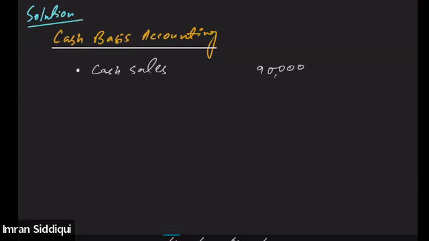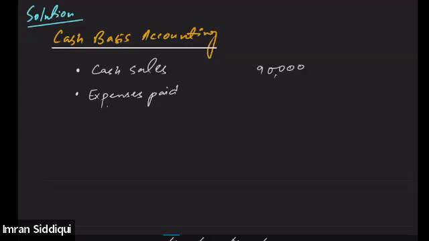It says out of which 30,000 is still to be paid. All right, so 30,000 is still to be paid. So that means the total expense actually amounts to 40,000, right? We'll just consider the expenses that have been paid during this year, not the entire amount of expense.